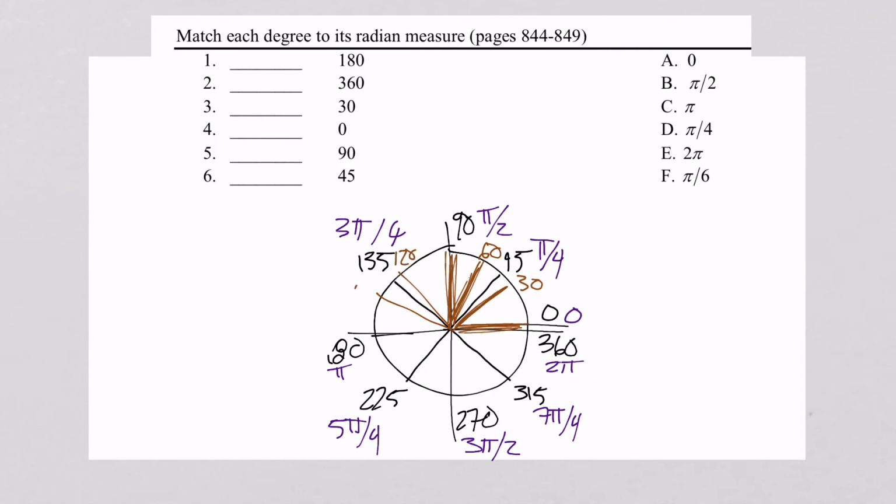Plus another 30 is 150. Plus another 30 is 180. Plus another 30 is 210. Plus another 30, 240. Then 270. 270 plus 30 is 300. 300 plus 30 is 330. And then finally we're back to 360.